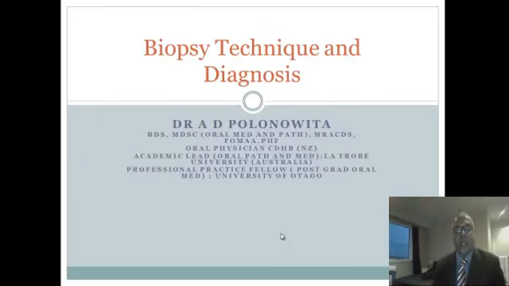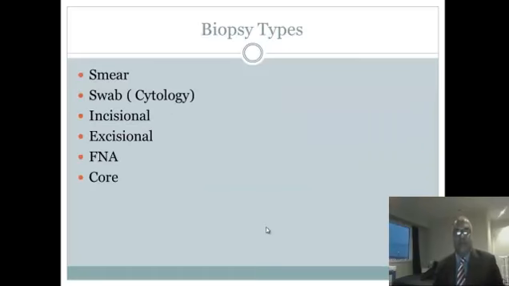So if we now look at some of the biopsy techniques available for you to be able to distinguish between the different headings you might have in your differential diagnosis of, say, a white lesion or a red lesion, or a neoplastic lesion, or an ulcer.